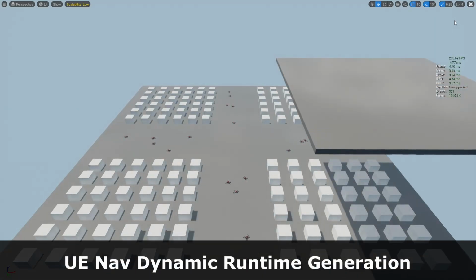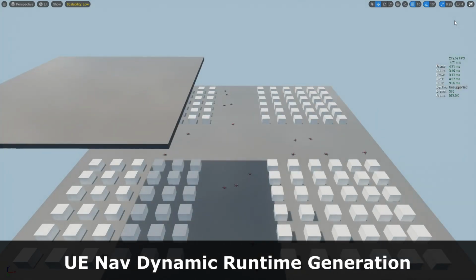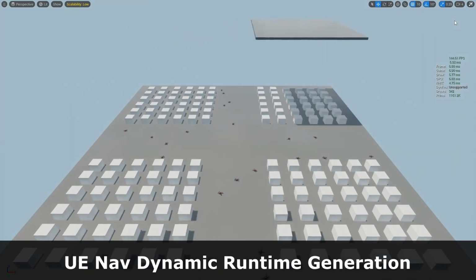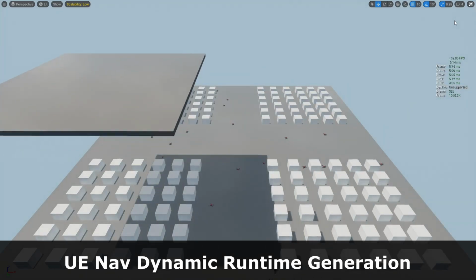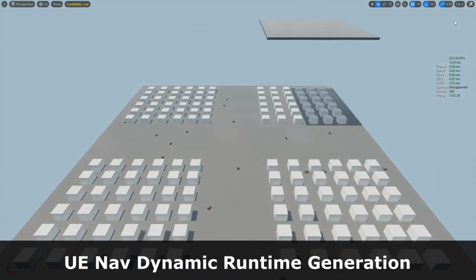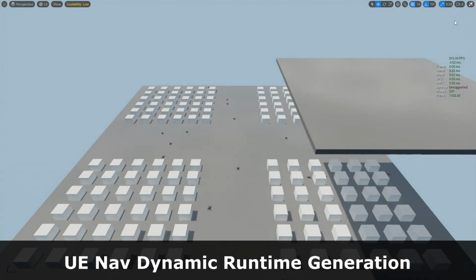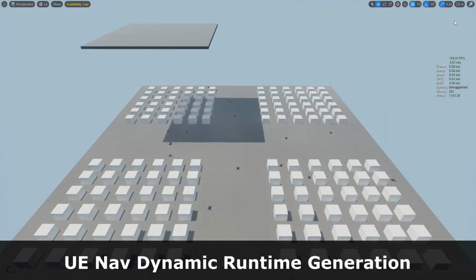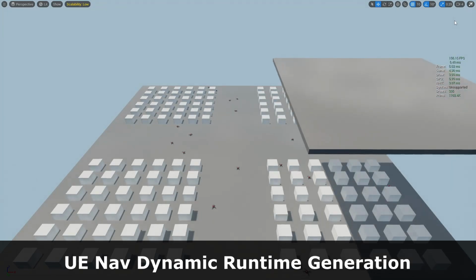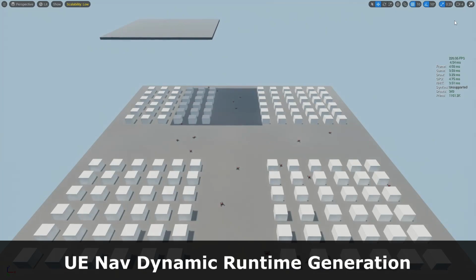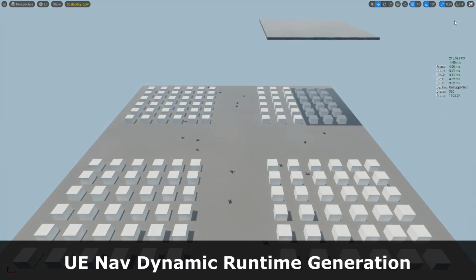Okay, so we're on the second test, and this one has just the native UE navigation with dynamic runtime generation. As you can see, the spiders are only navigating on the flat ground. They're not navigating up on the blocks at all, because it's not using dynamic surface navigation.